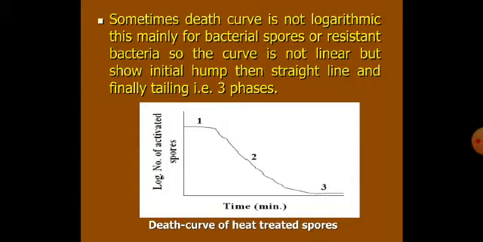After that, and by time, it will give the steady decrease again, which is area number 2. Sometimes area number 3, this straight line or tailing, appears due to the presence of very heat resistant bacteria.